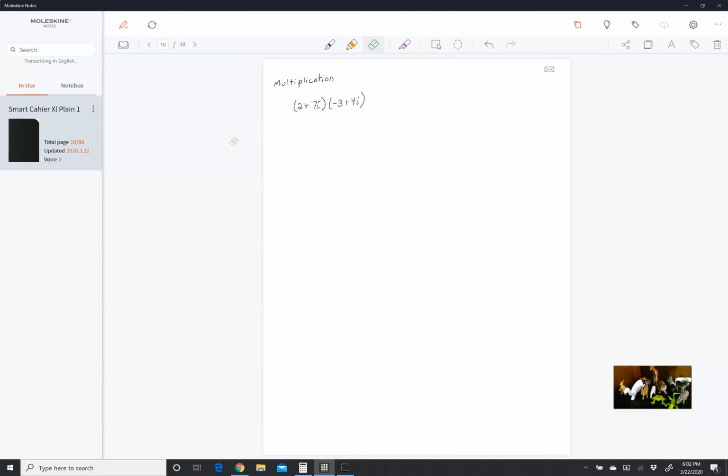So this 2 gets distributed to the negative 3, and it gets distributed to the 4i. And you get negative 6 plus 8i. And then the 7i gets distributed to everything. So you get negative 21i. That's the 7i times negative 3. And then remember, this is an i times an i. So you get a 28i squared.